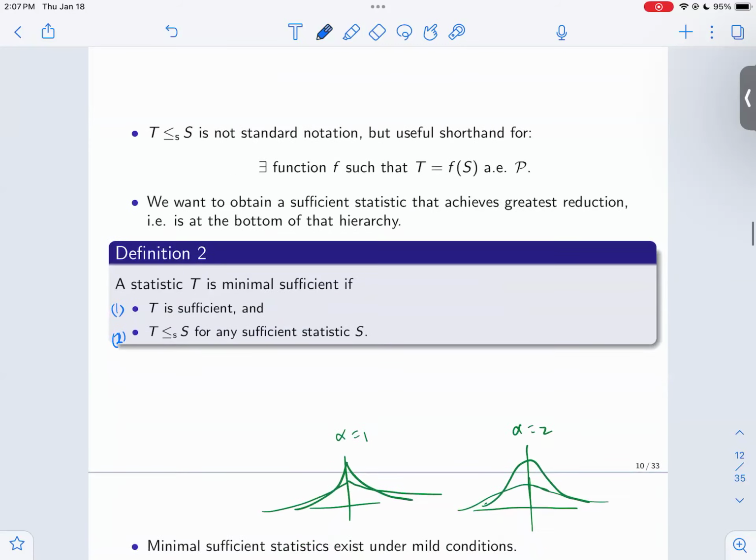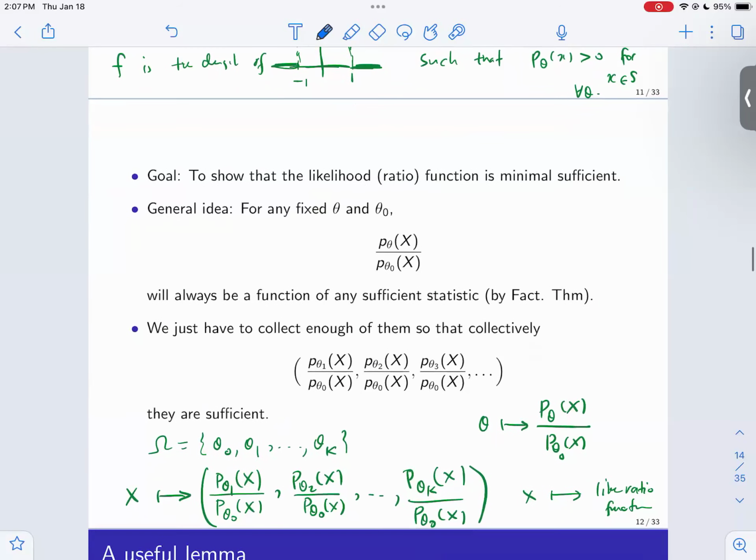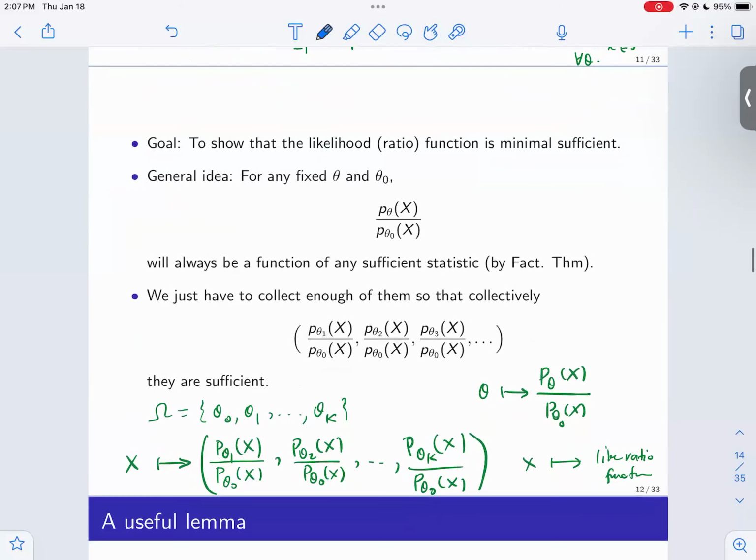So we did an example, which I'm not going to go through, or just presented the example. We wanted to show that basically the likelihood ratio function is minimal sufficient. So the likelihood ratio between two parameters is this. You take the density evaluated at the current observation for two different parameters. So you have a parametric family of densities, look at two of them, compare them basically.